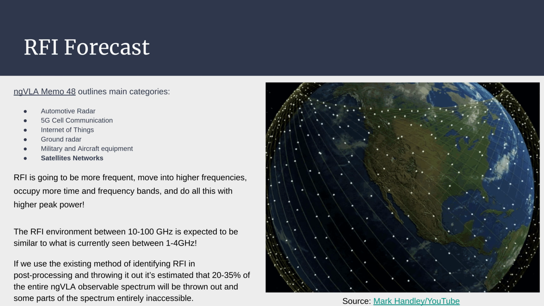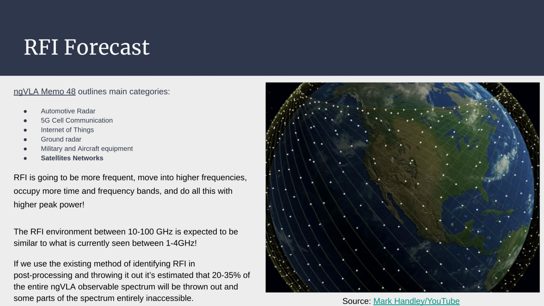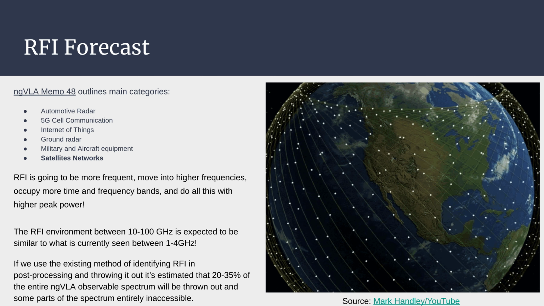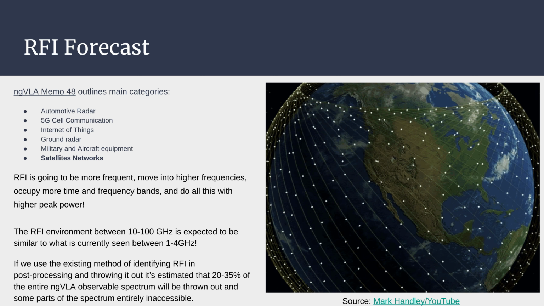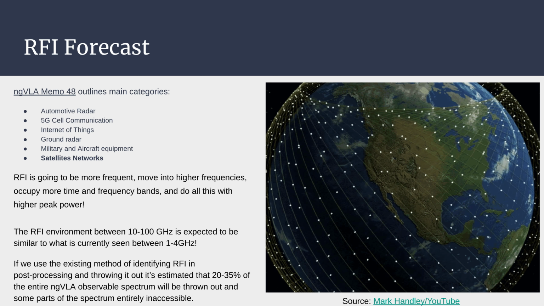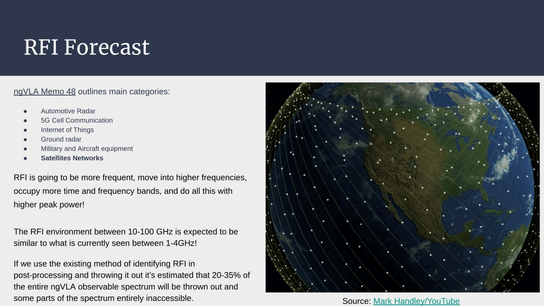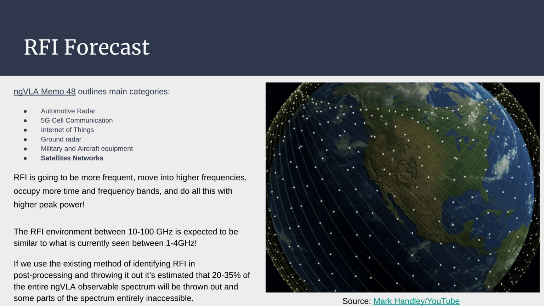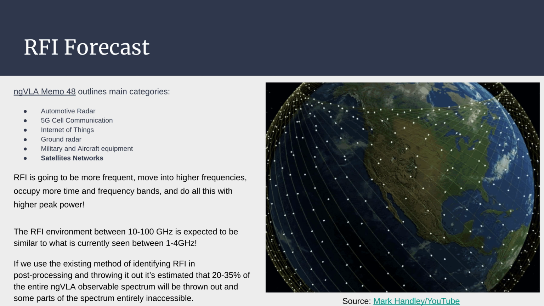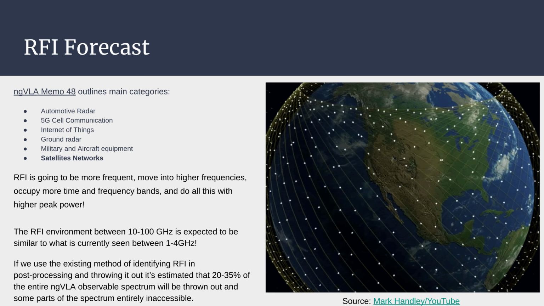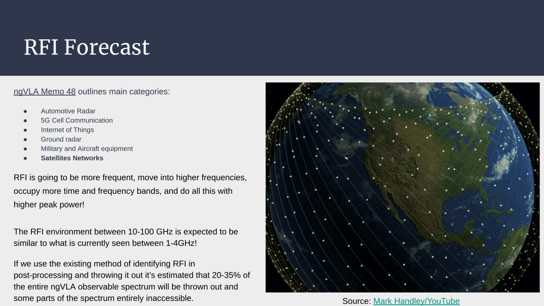The number of satellites currently approved by the FCC is on the order of tens of thousands. So in general, RFI is going to be more frequent. It's pushing into higher frequencies. It's going to occupy more time and more frequency bands, and it will do this all with higher peak power.